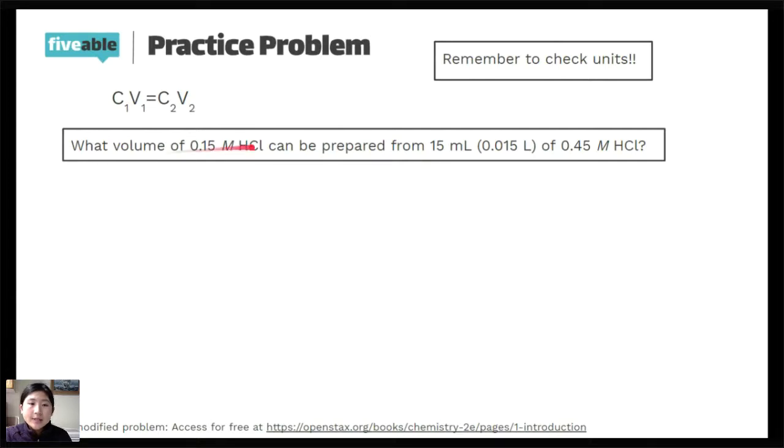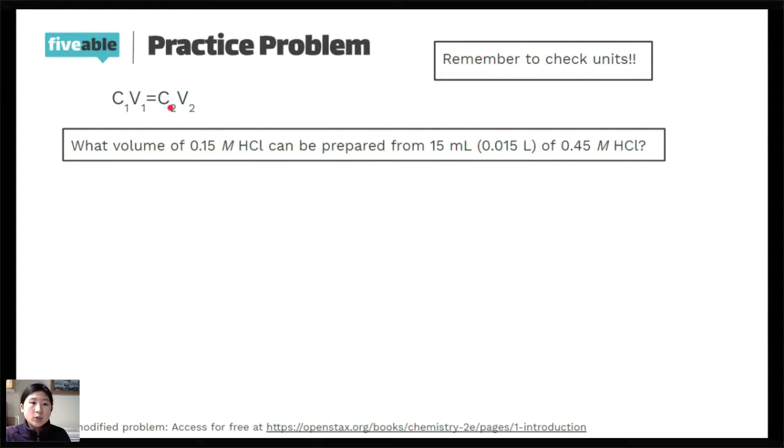So you can see here, we're not trying to add another type of acid or base, so we know that we can use this equation. This is a problem you really want to familiarize yourself with for the AP exam, because it is a very easy way to find out how much volume I have. Say we start off with this many liters of this concentration of hydrochloric acid, and plug those in as the initial condition.